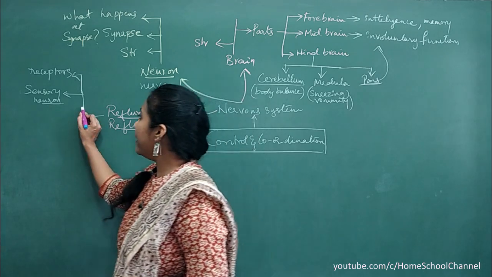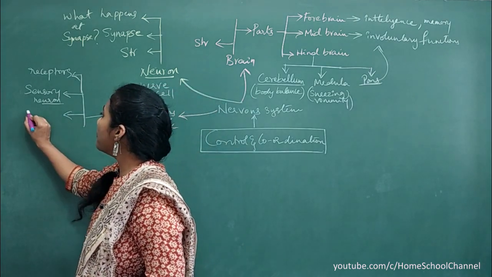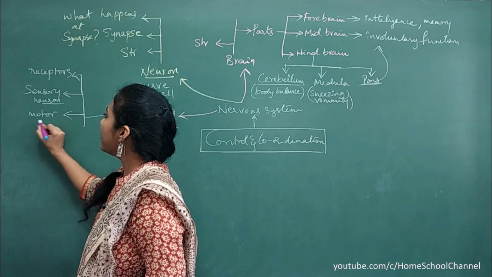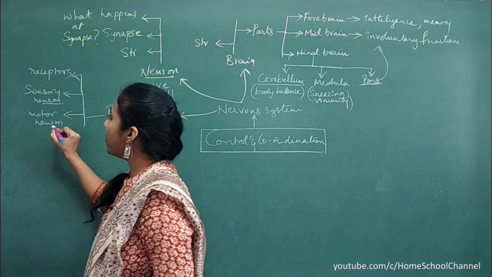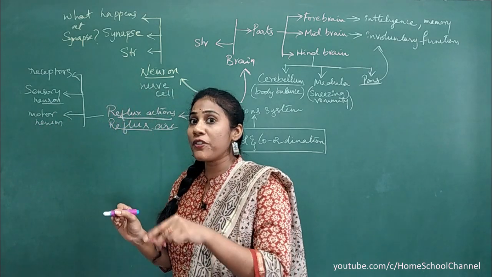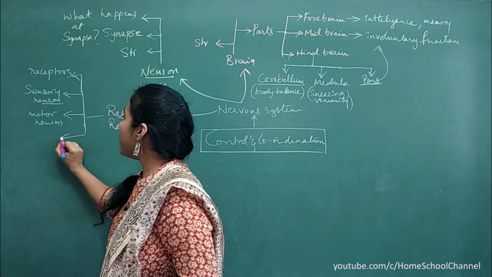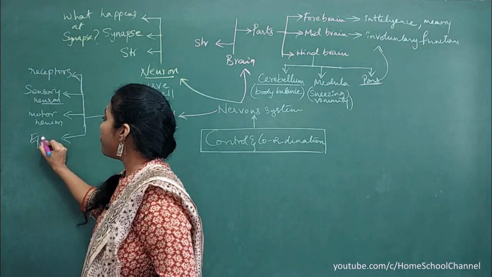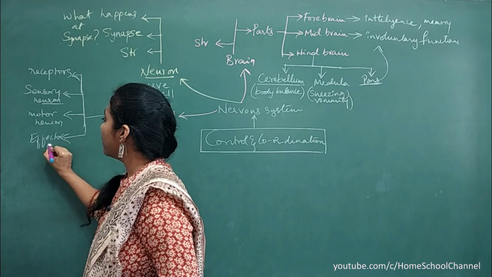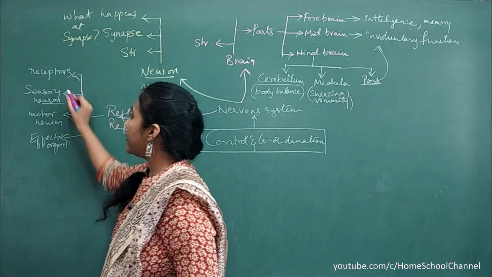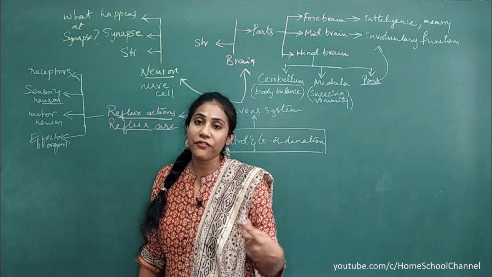And again, you have something called motor neuron. Motor neuron is the one which carries information from spinal cord to effector organ, right? These are the different components of reflex arc.